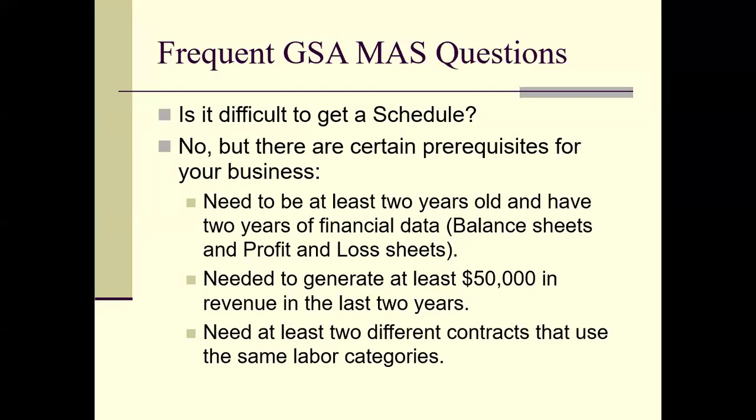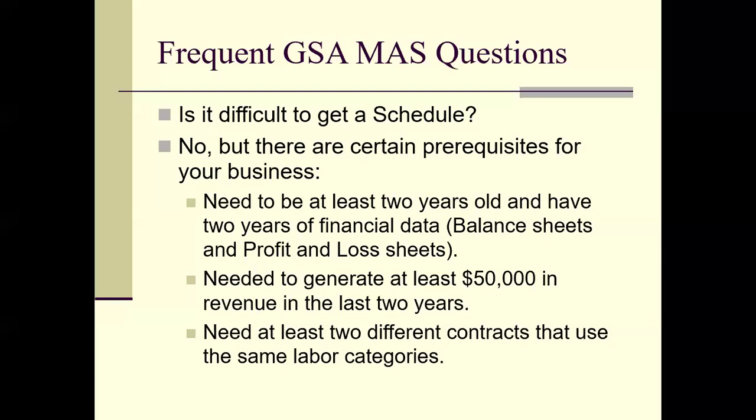acquisition contracts. One of the other prerequisites is you need to generate at least $50,000 in revenue in the last 2 years. This is basically because the threshold for GSA is $25,000 a year, obviously $50,000 associated with it. And you need at least 2 different contracts.